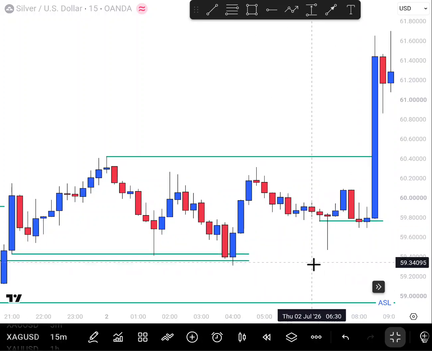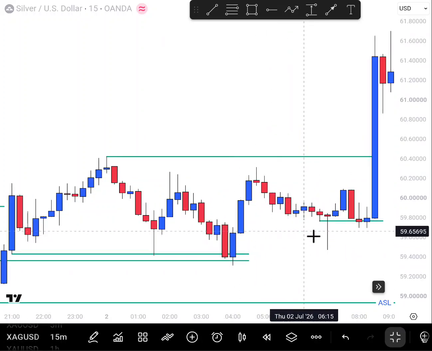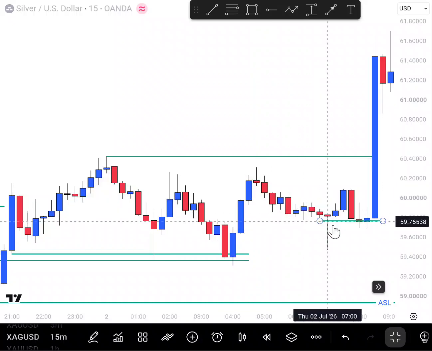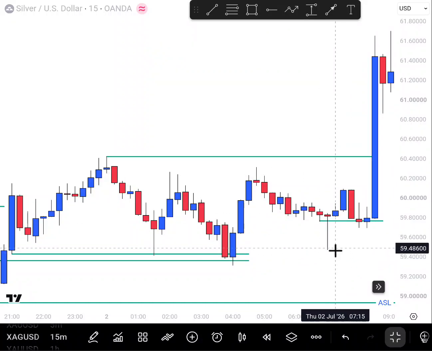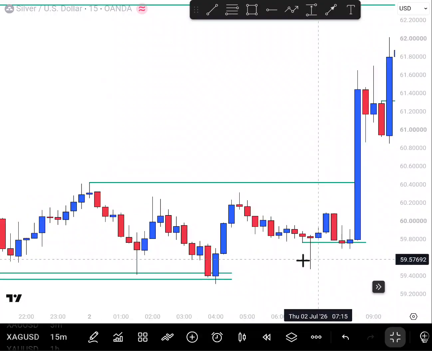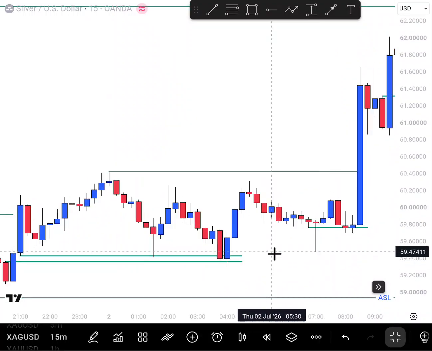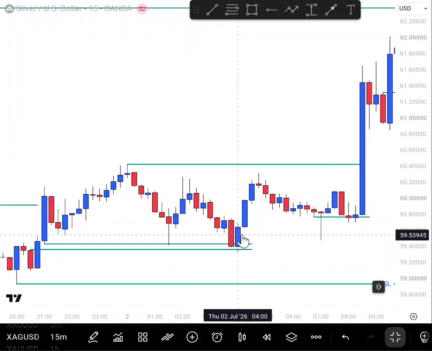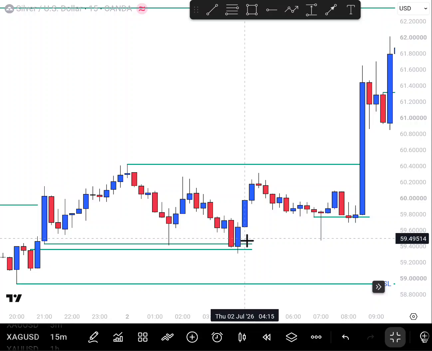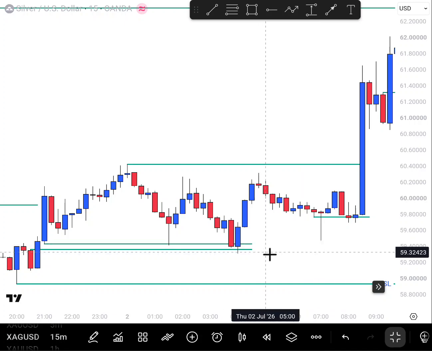The confidence came in when we had this drop and it formed a new swing low. It was showing us that it is really respecting the current order flow in which the market is moving.